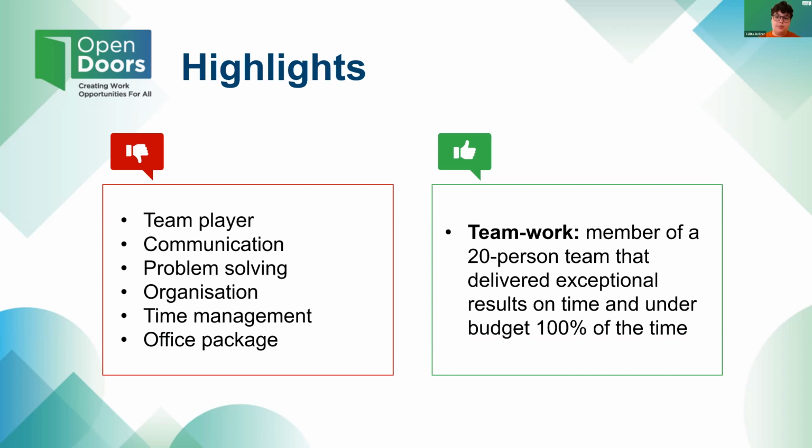Do you see how that's different? You're actually illustrating why you're a team player without having to say that you're a team player. You're showing that you're capable of working in a large team, and you're still results oriented, goal focused, and you were able to deliver all of that, 100% of the time under budget.